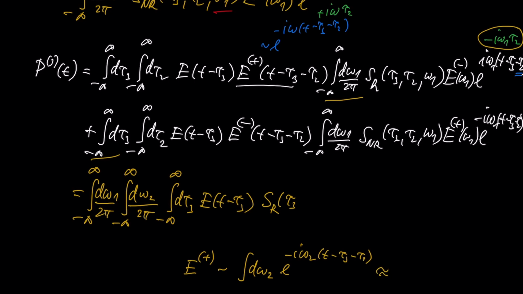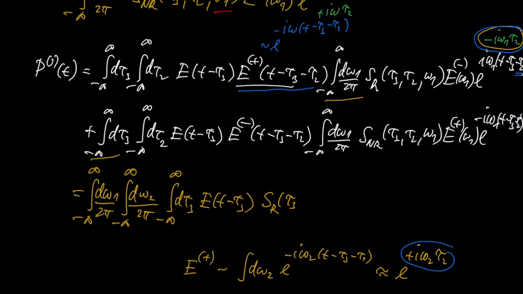So here inside we have e to the power of plus I omega 2 tau 2. That's inside the integral by which we replace this E plus. And then we have again this exponential factor, with which we integrate everything.